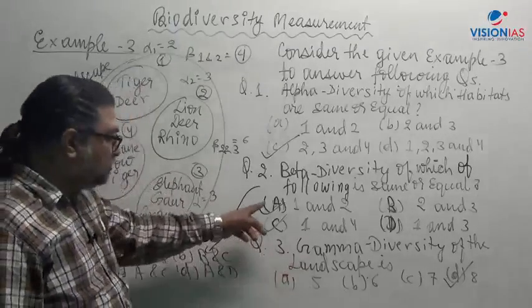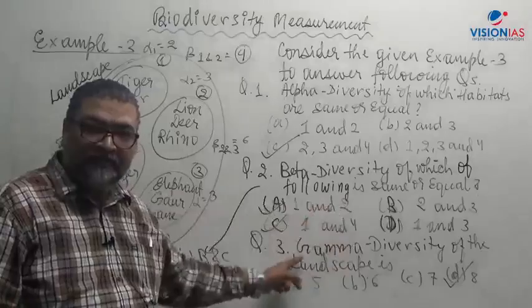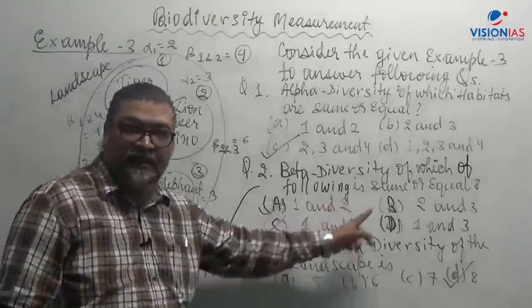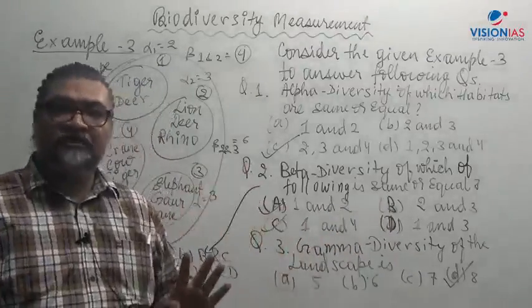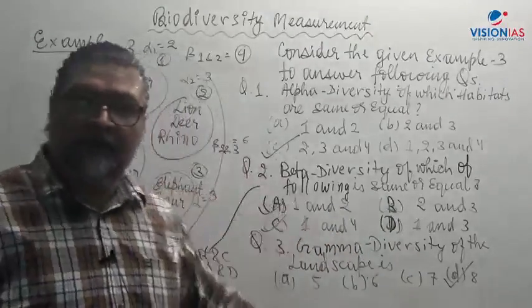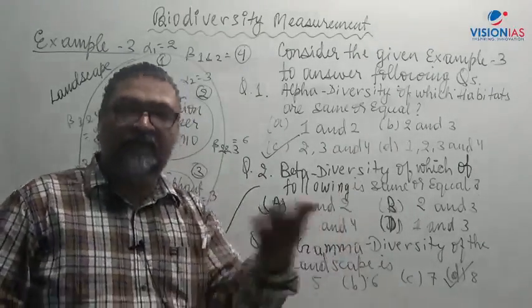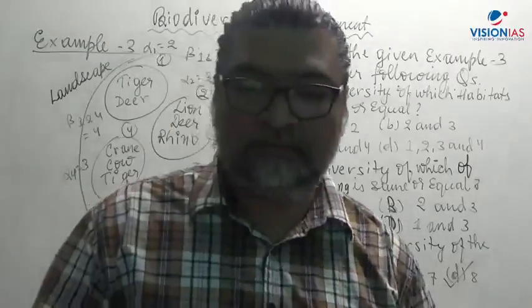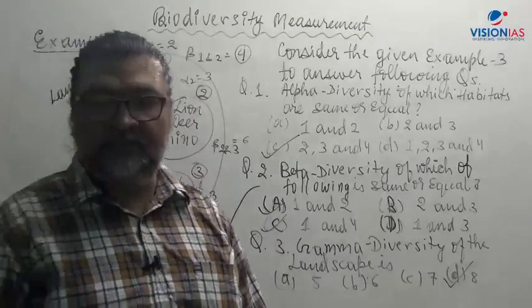I have given multiple choice, capital A, capital B, capital C and D. Among the options you have 1 and 4. You are right, 2 and 4 are also same as 1 and 2 and 3. That's right, but you don't have that choice. If that choice had been given, then you could exercise the question. Gopi Setti is right.